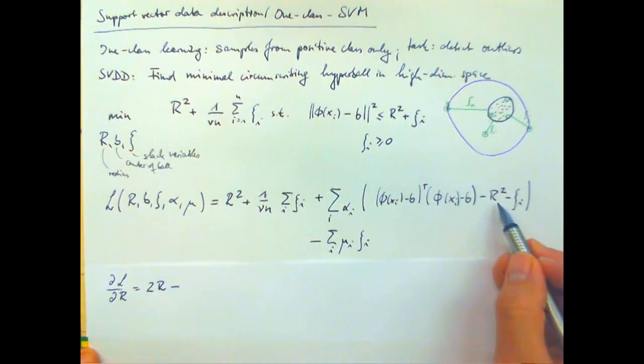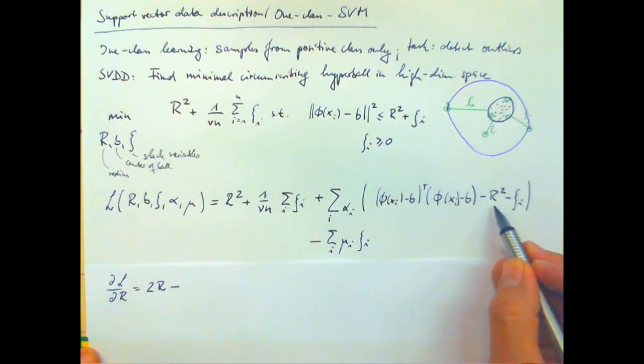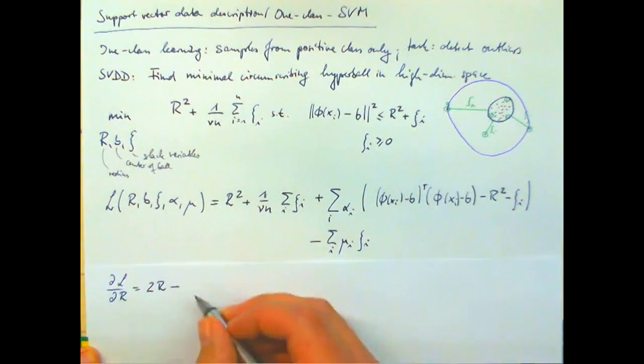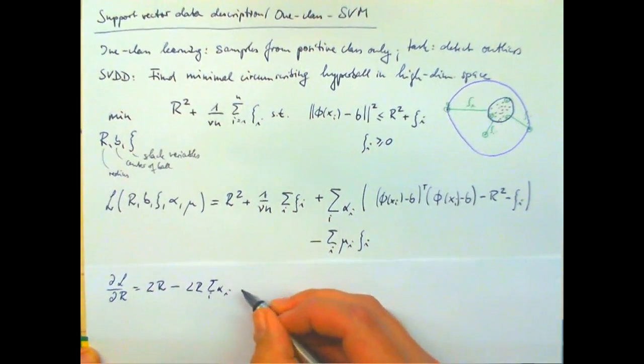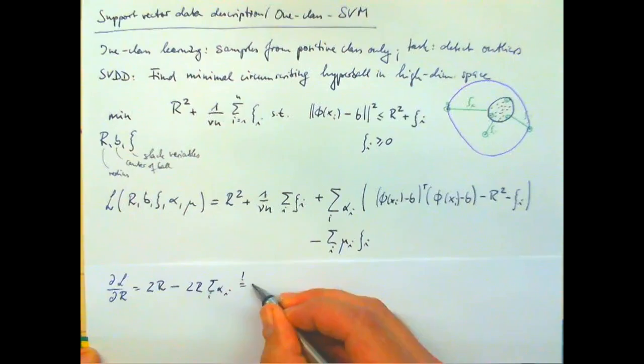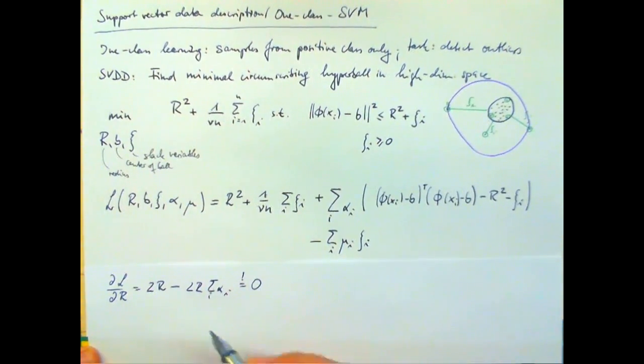So R appears here. And the Karush-Kuhn-Tucker conditions tell me that I want to have an extremum with respect to these primal variables.